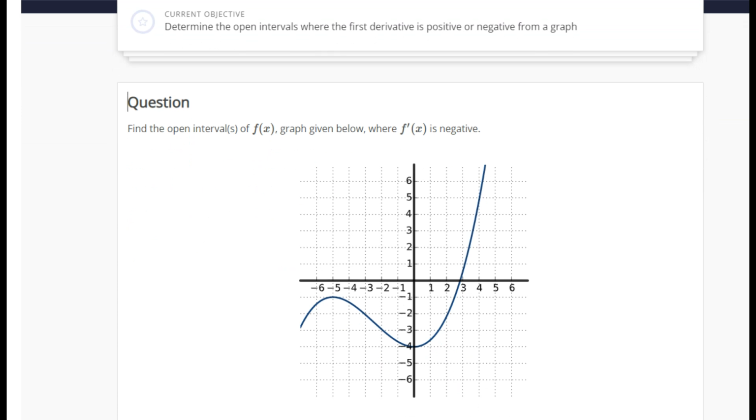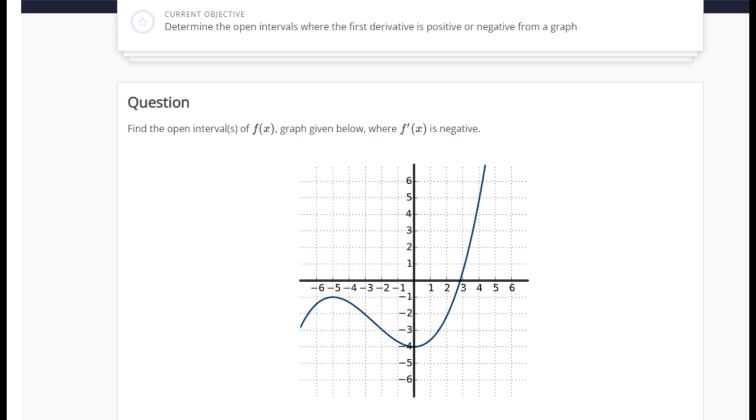Find the open intervals of this graph of f where the derivative is negative. Okay, we've done questions like this before. I think it was in part 1. I don't remember how the question was stated before, but it's equivalent.